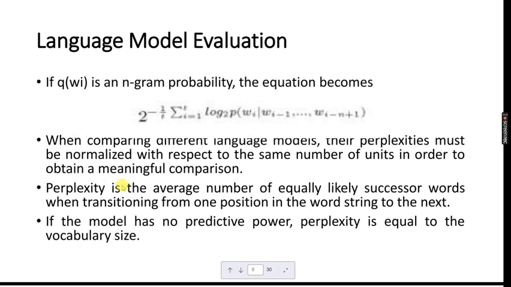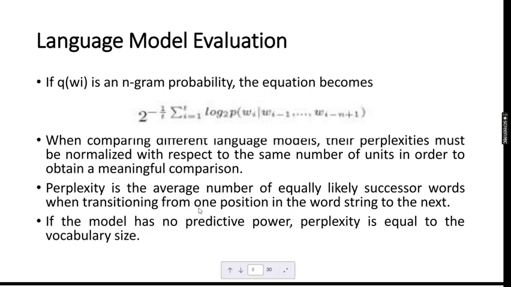Whenever you are comparing different language models, these perplexities are used to compare the language models and to decide which language model is the best and which is generating the same sequence or same type of words. This is actually called the average number of equally likely successor words.